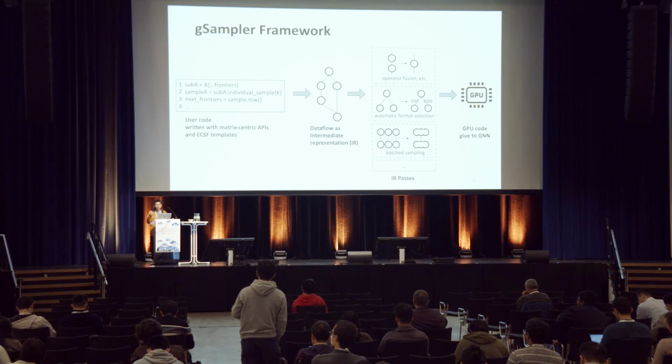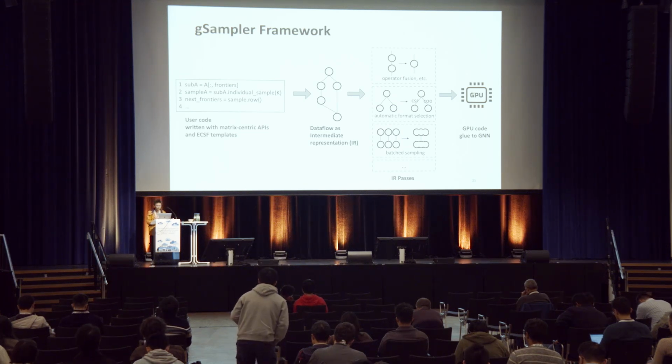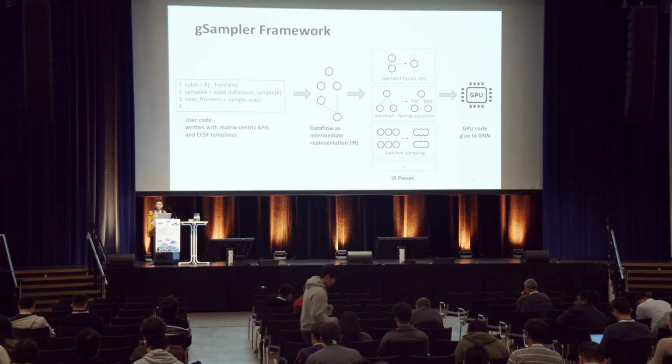So we also provide similar operators, and the user just combines these operators and can get the same results as the UDF defined in the vertex-centric model. And also for performance, we introduce IR and general optimization to get comparable performance. Okay. Thank you very much. Okay, let's thank the speaker.